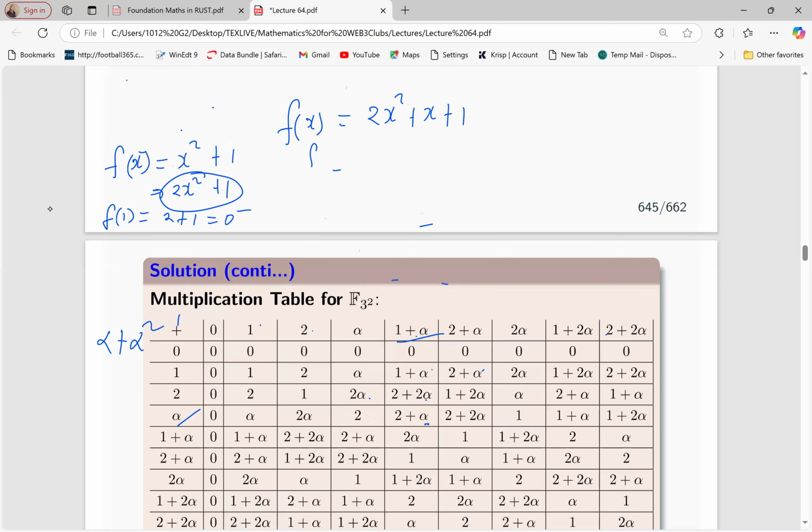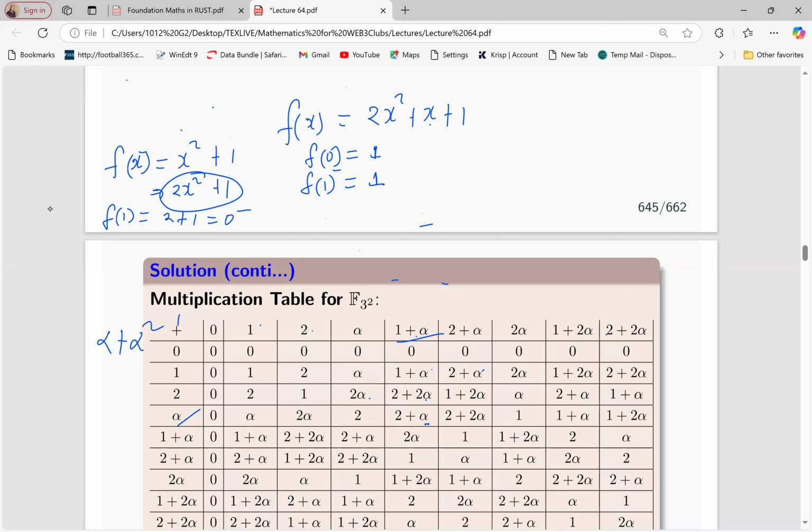Let's just see. When x is 0, then you have 1. When x is 1, this will be 2 plus 1, which is 3, then plus 1.